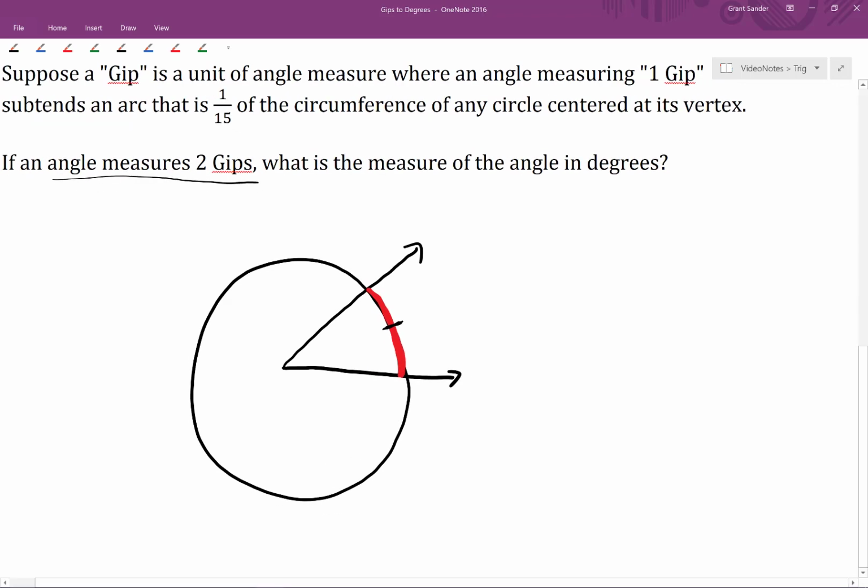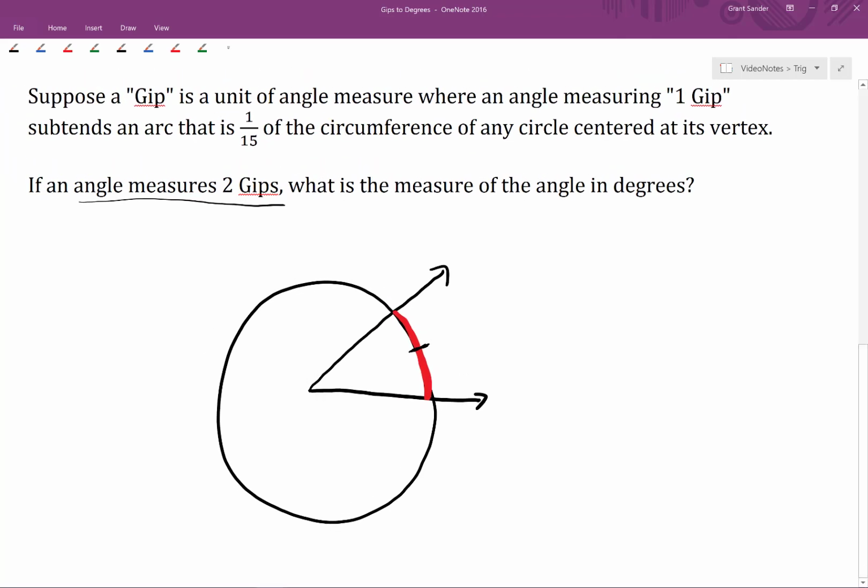So to think about the measure of this angle in degrees, we need to ask ourselves a couple questions. The first question is, this angle subtends what fraction of that full circumference? Or the subtended arc formed by the angle is what fraction of the full circumference? Since the angle measures 2 gips, and there are 15 gips total in a full rotation, that subtended arc is going to be 2/15 of the full circumference.